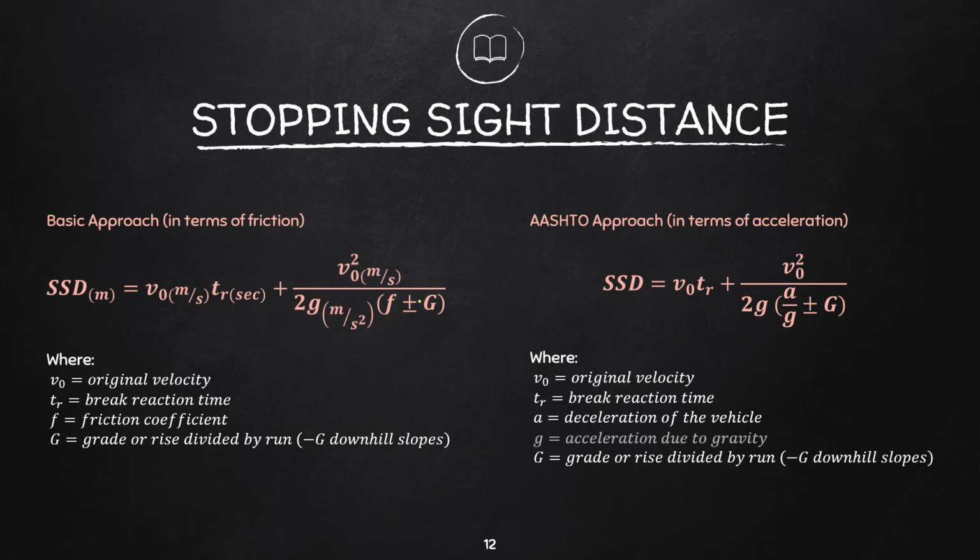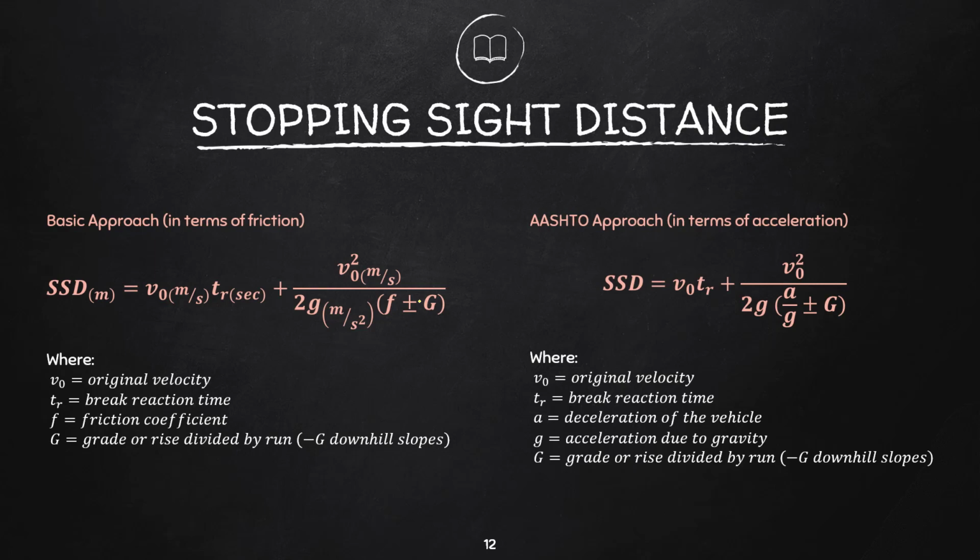Okay? And of course, G is the acceleration due to gravity. For uniformity, we will use G equal to 9.81 meters per second squared for metric units and 32.2 feet per second squared for the English units. Later on, we will have examples for these types of computations.